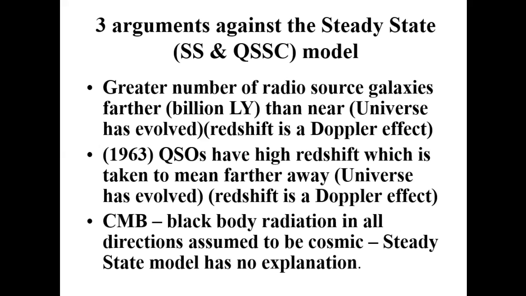Redshift, again, is assumed to be a Doppler effect. And the third is that the CMB, or what they call the cosmic microwave background, is a black body radiation in all directions, assumed to be cosmic. It may not be cosmic. The steady state model has no explanation, but the STOE is going to come up with one.